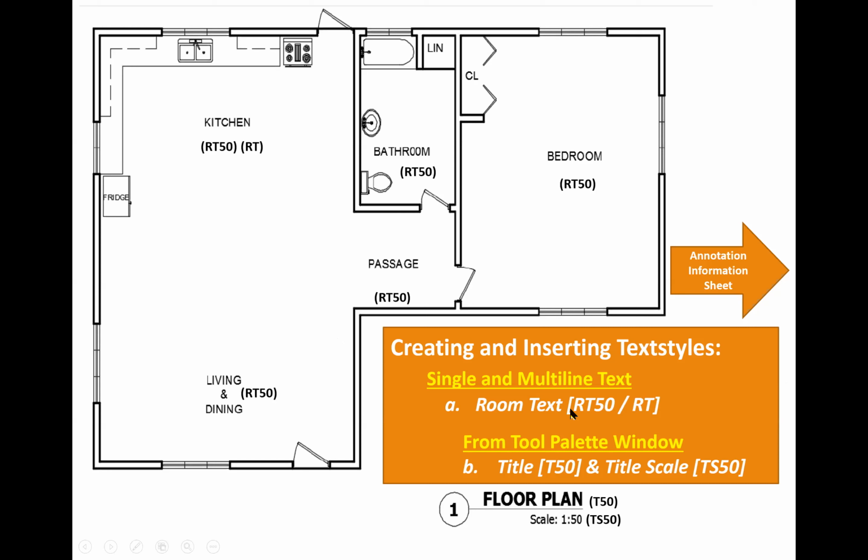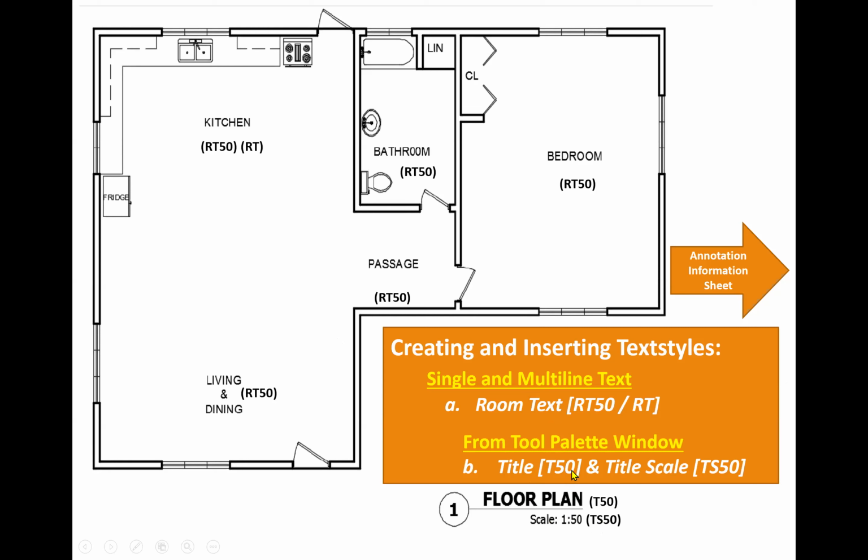What the 50 is saying is that I plan to insert this text style in a drawing that is going to print at a scale of 1 in 50. That's what it means, right? Then there's also T50, and T means title. So the title would be like your floor plan title. And there is TS50, where TS means title scale for 1 in 50.